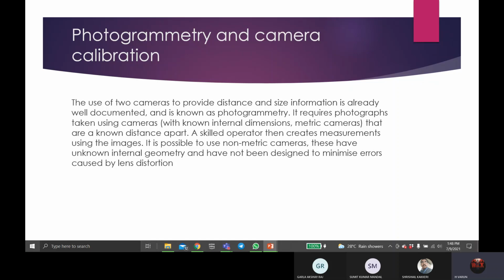It requires photographs taken using metric cameras with known interior dimensions that are a known distance apart. A skilled operator then creates measurements using the images. It is possible to use non-metric cameras. They have unknown interior geometry and have not been designed to minimize errors caused by lens distortion.